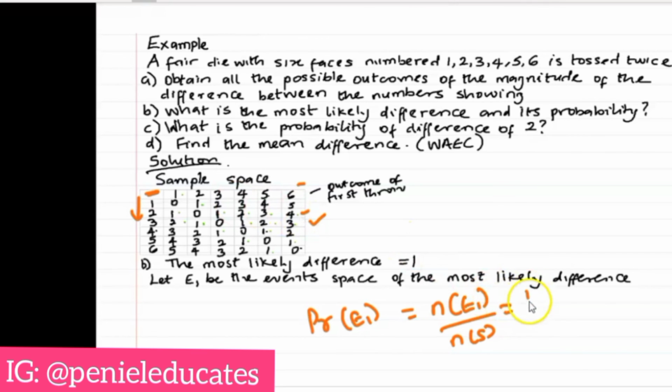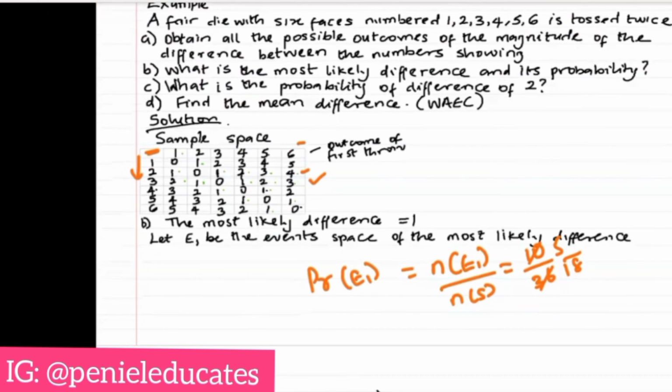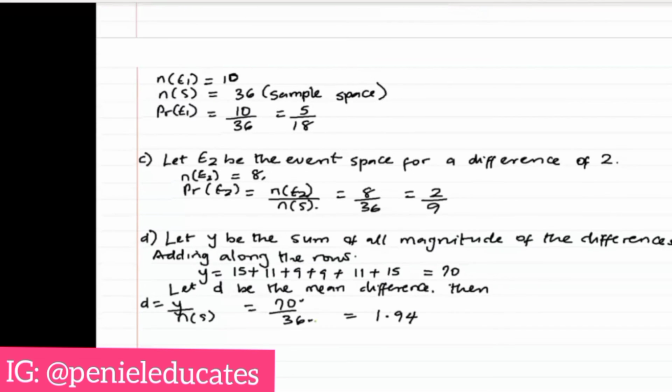Then we have 10 over 36, which simplifies to 5 over 18. Now, let E2 be the event for a difference of 2. What I counted earlier for the difference of 2 is 8. So 8 over 36 is going to give you 2 over 9.